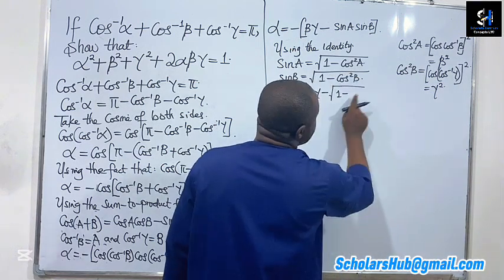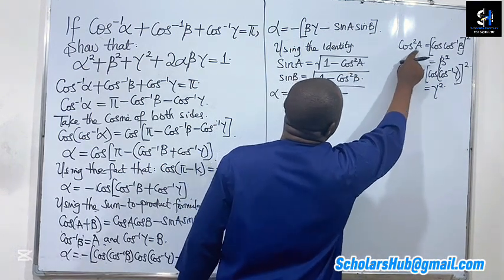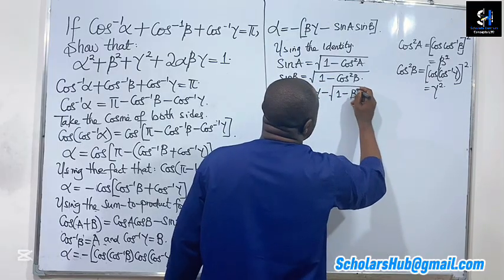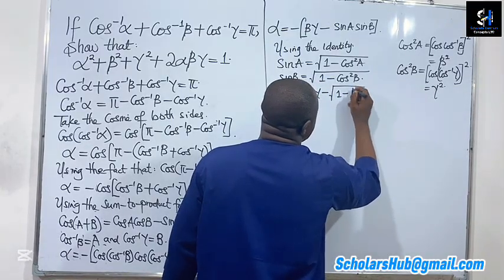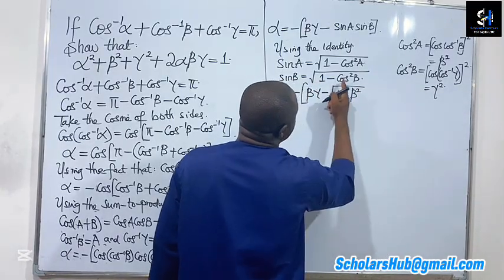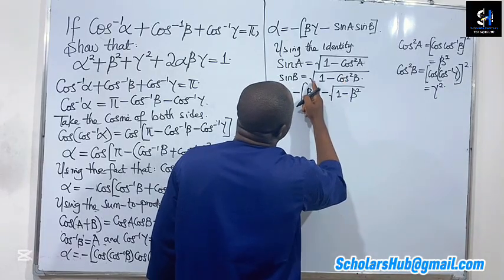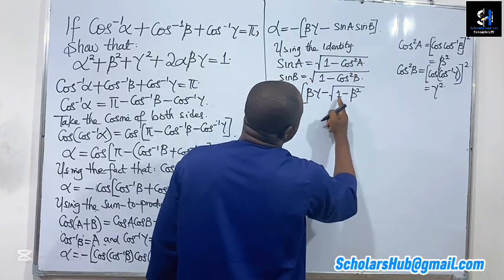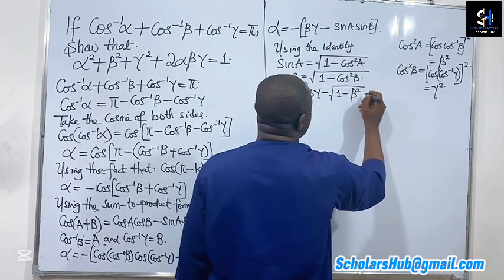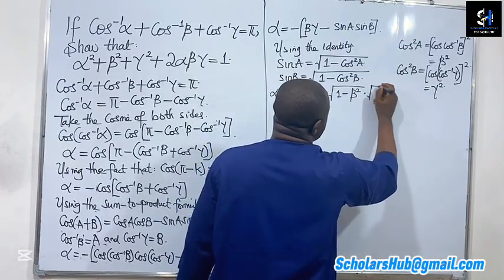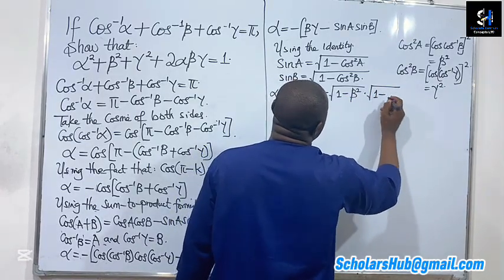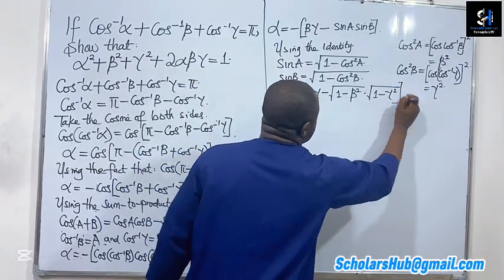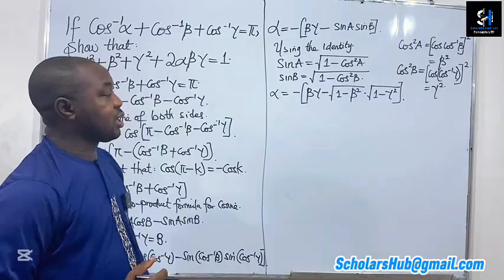So for cos²A, which is beta squared, we have the square root of 1 minus beta squared multiplied by the square root of 1 minus gamma squared. Then we can close the square bracket.